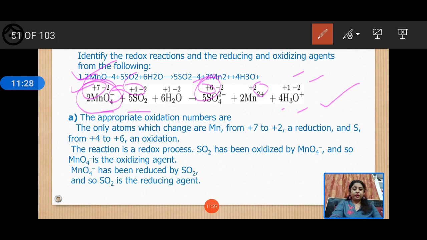MnO4- has been reduced, the manganese getting reduced from +7 to +2. With whose help is it being reduced? It is being reduced by sulfur dioxide. So sulfur dioxide is helping the reduction, so it is a reducing agent. Is it clear? Let's proceed to see another example.